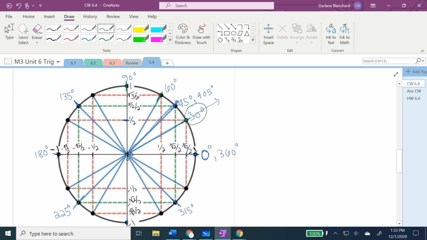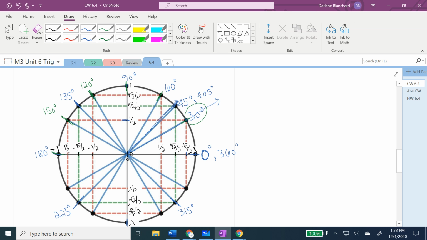So this is the cut where I go a third of the way through a quadrant at a time, plus another 30 degrees is 120 degrees. Plus another 30 degrees is 150 degrees.